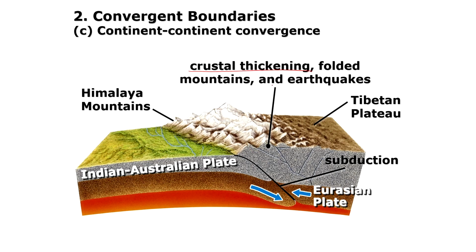Okay. Folded mountains and earthquakes we will mostly see, because there is no subduction, no pouring of the oceanic plate seen here. So, we will not see volcanoes in the ongoing condition.